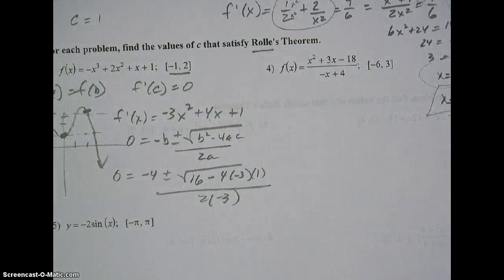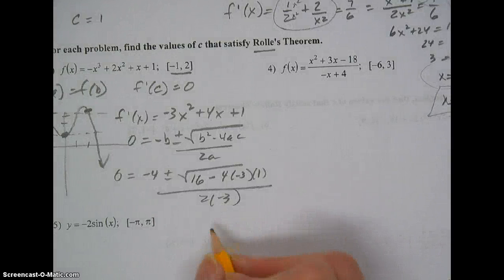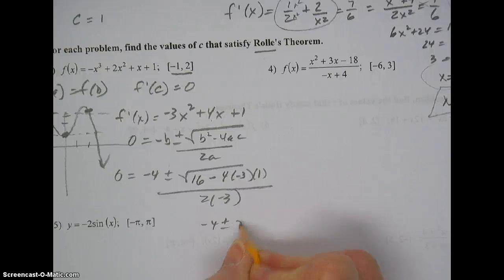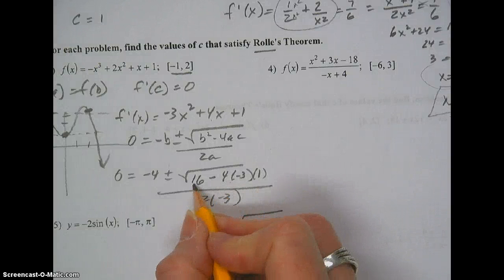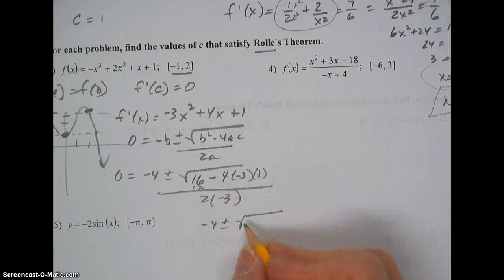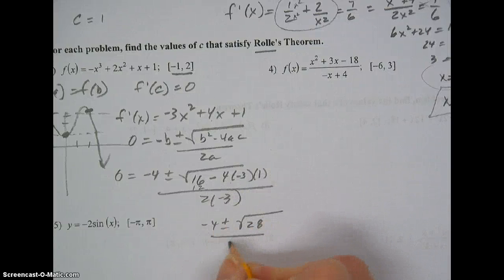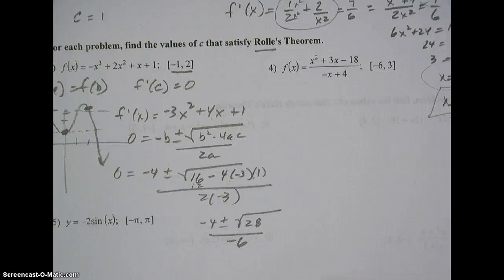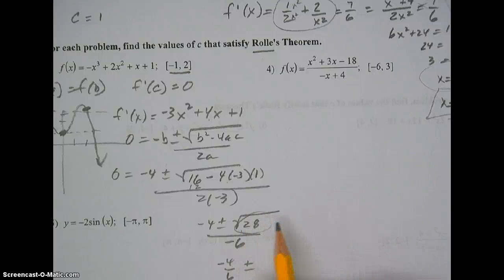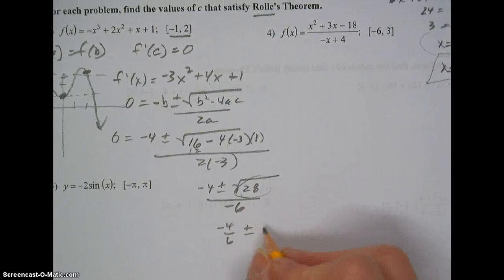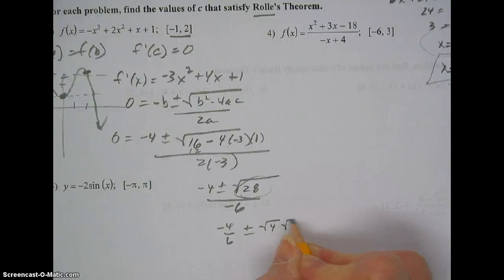I'm going to try to simplify this. We get -4 plus or minus the square root of 16 minus -12, which is 28, all over -6. Let's rewrite this as -4/-6 plus or minus. You should recognize that 28 has a perfect square factor of 4.